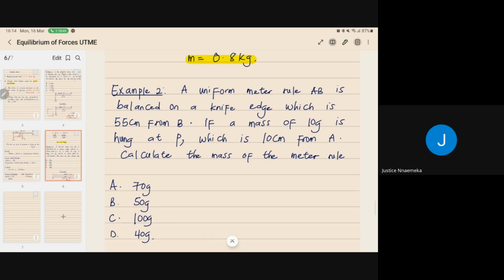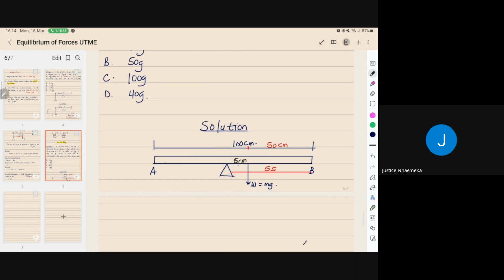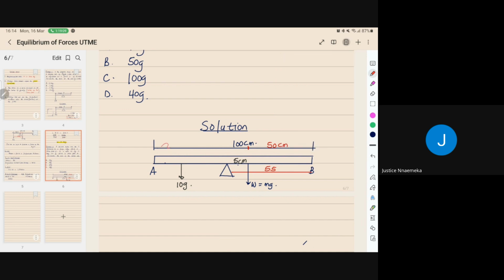They said something about if a mass of 10 gram is hung at P, which is 10 cm from A. That means if you are coming from A, it is 10 cm, and that weight there that was hung from there is 10 gram. Then remember that the distance between the two of them is going to give us 10 centimeter.